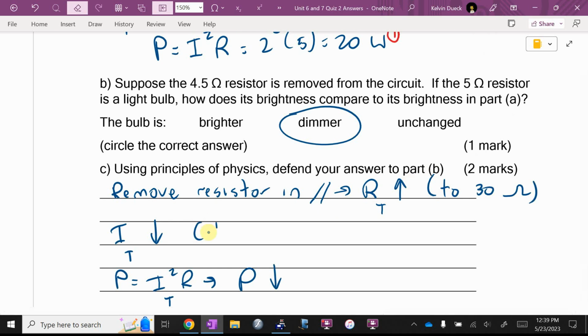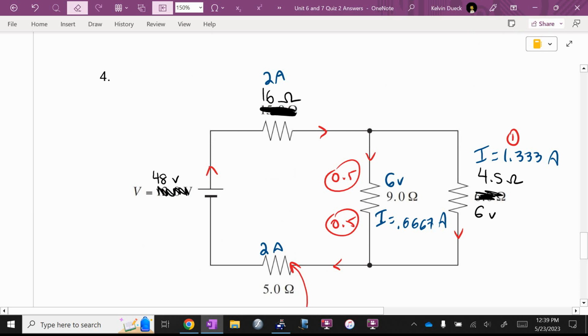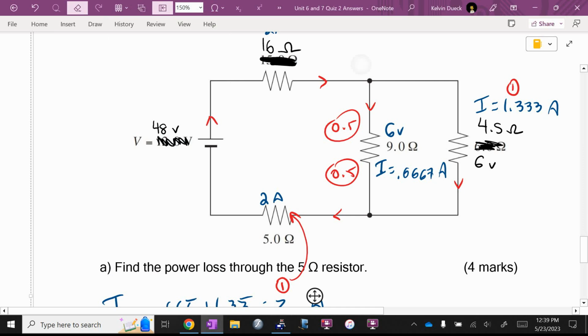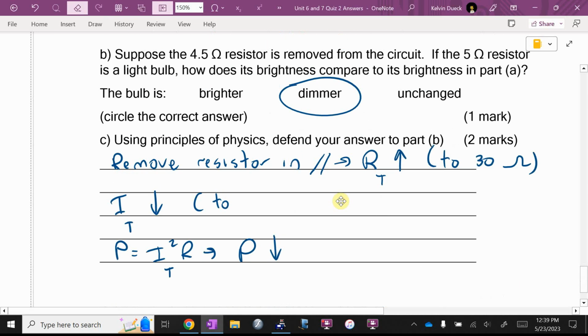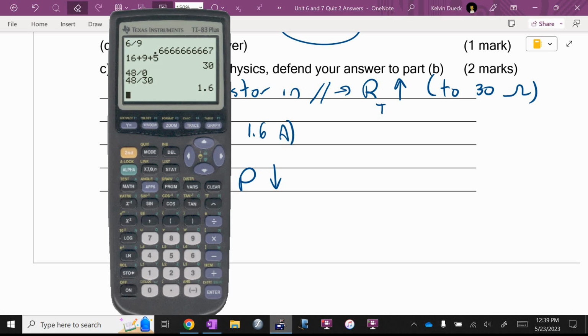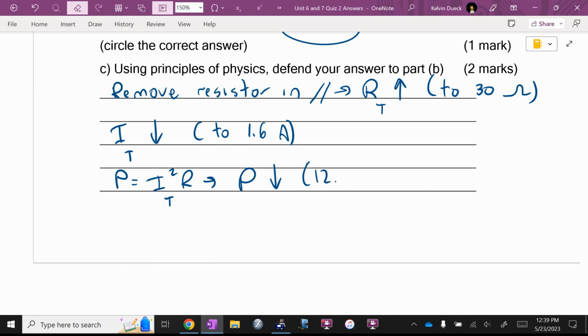And your new current would be 48 divided by 30. Oh, nice try, Mr. Dueck. 48 divided by 30. 1.6 amps, which is smaller than 2 amps. And so your new power would be that number squared times R. Your new power would be 12.8 watts.